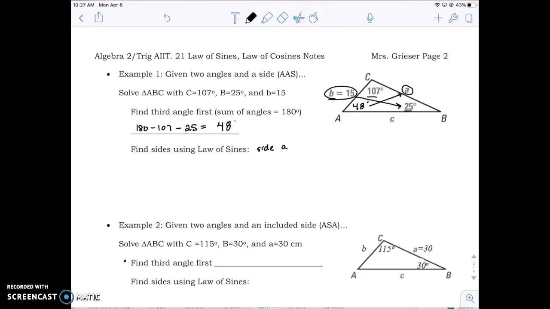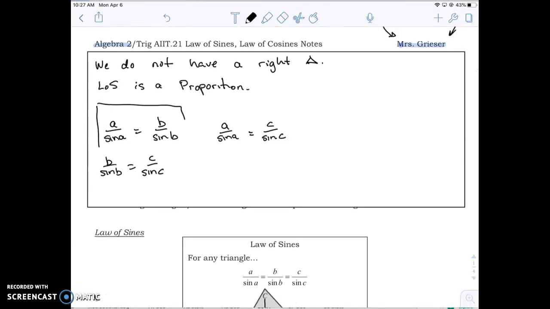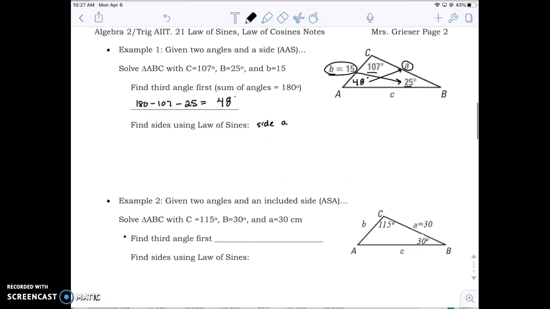Well, it helped us find angle 48, but that's it. So if I have A and B, I'm going to use this proportion. We're going to say A, which I don't know, over the sine of 48 is equal to B, which is 15, over the sine of 25.